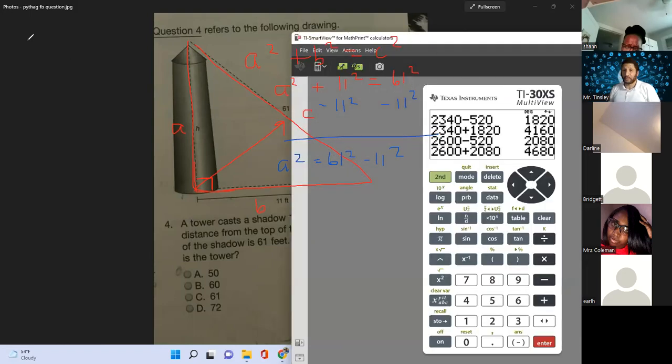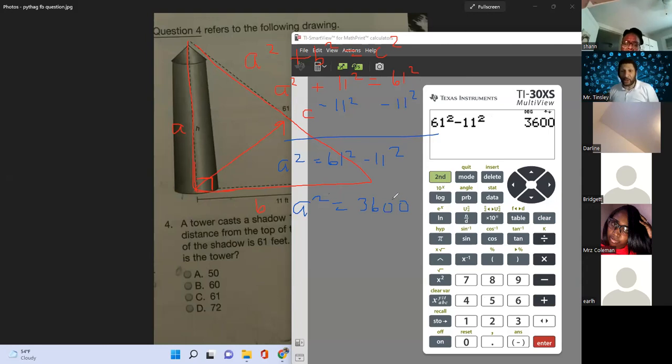You're going to grab your calculator. Remember, the calculator is your friend. 61 squared minus 11 squared. You get 3,600. So we get A squared equals 3,600.